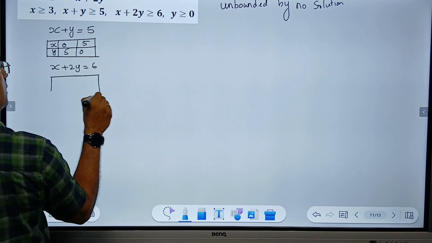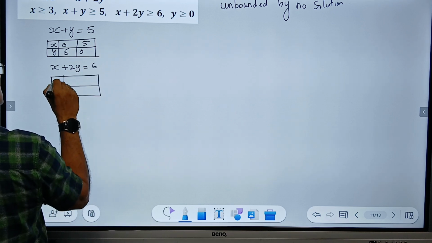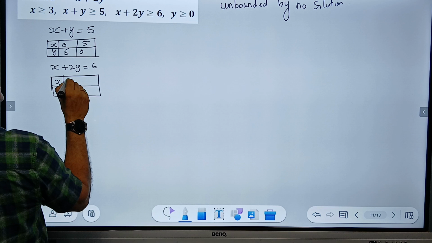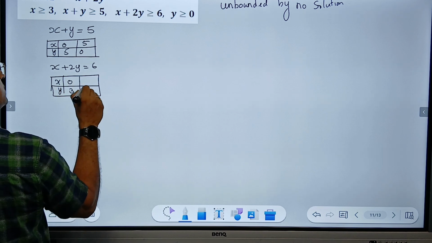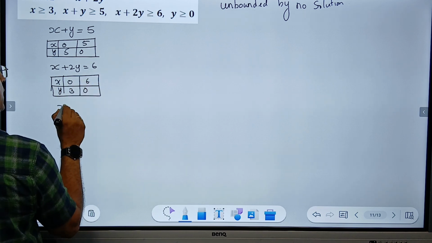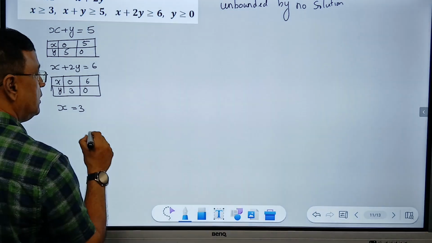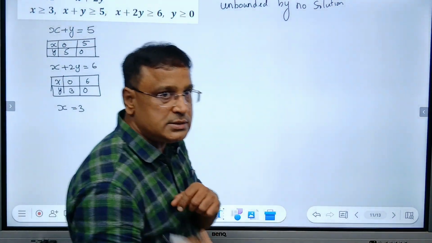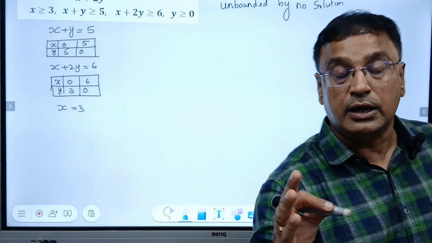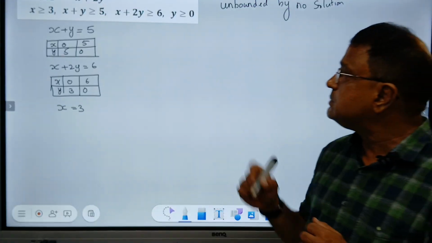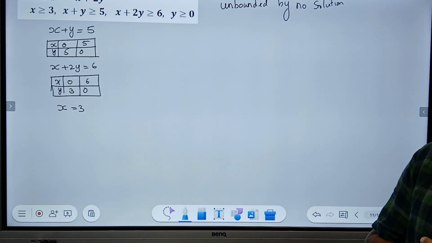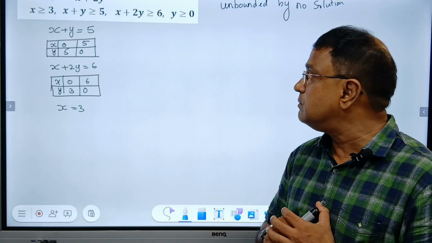X is 0, y is 3, y is 0, x is 6. And you know x is equal to 3 is a straight line parallel to y-axis at 3, 0. So the maximum value of x is 5 and 6, and the maximum value of y is 5.